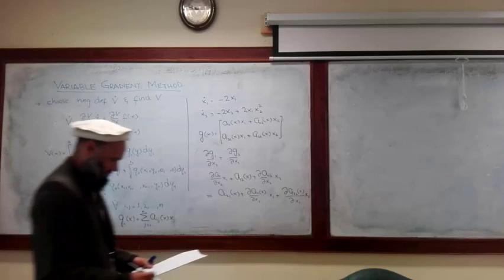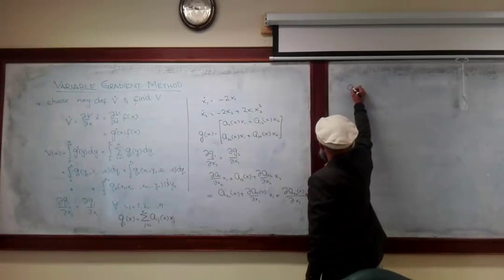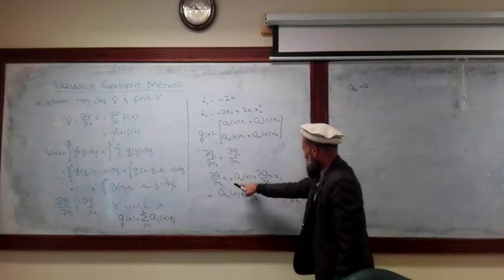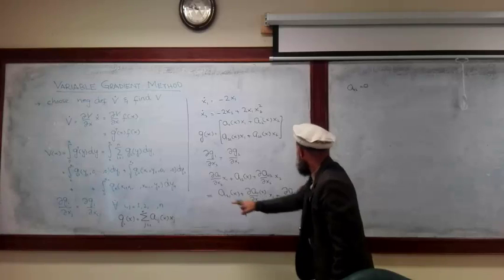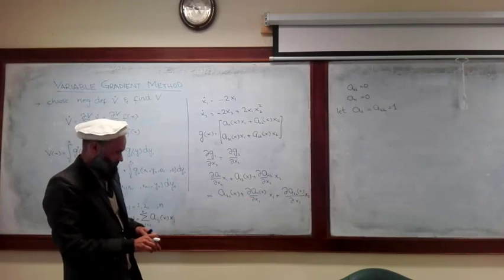So if we take a12 equal to 0, a21 equal to 0, then what do we have?